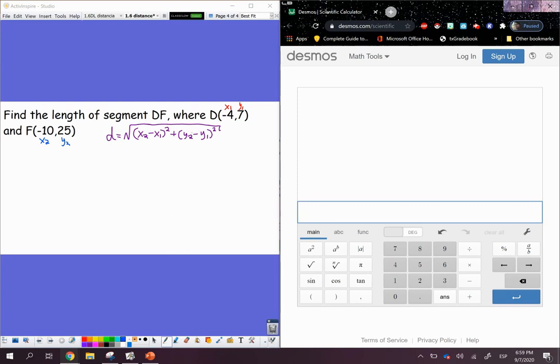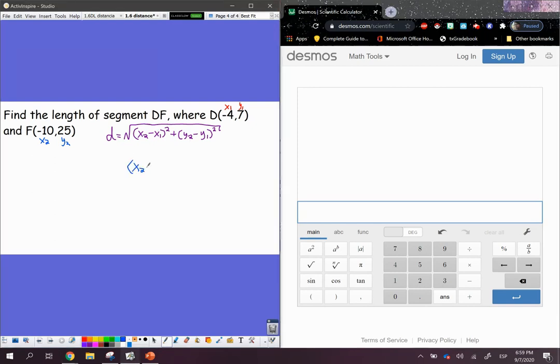In other words, what I'll be putting in the calculator is just whatever is inside the square root. It means that I'm going to do this first in the calculator to see what number I get.